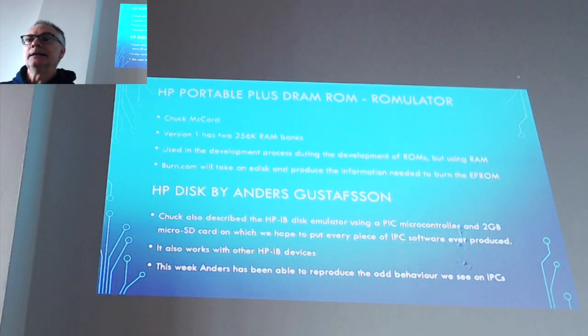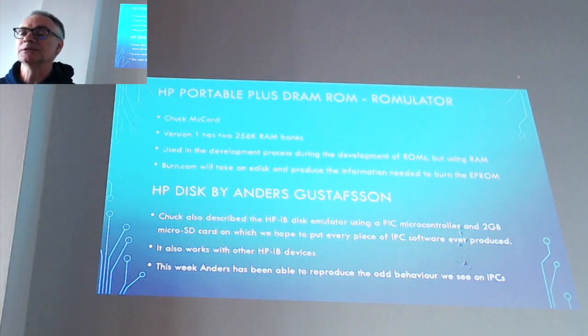And the software, burn.com, is available on the Portable Plus, takes an e-disk out and produces the necessary information so the ROMs could be burned. So that addresses the worldwide audience of 24 of us that have got one of those, and none of us have got a ROMulator, but there we go.